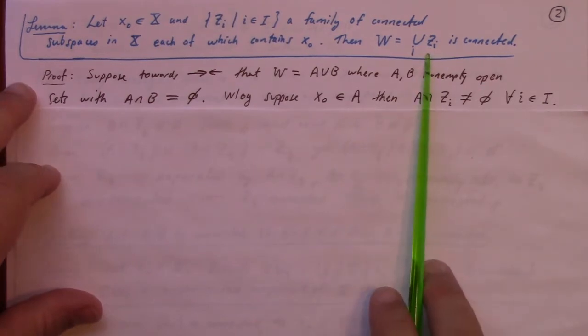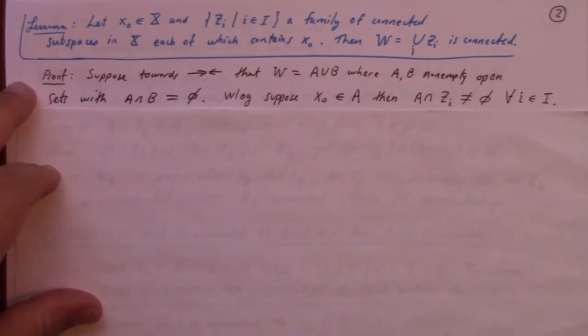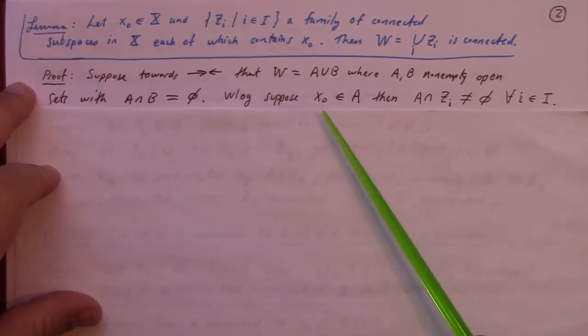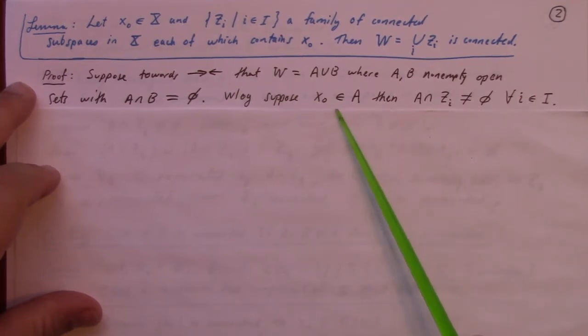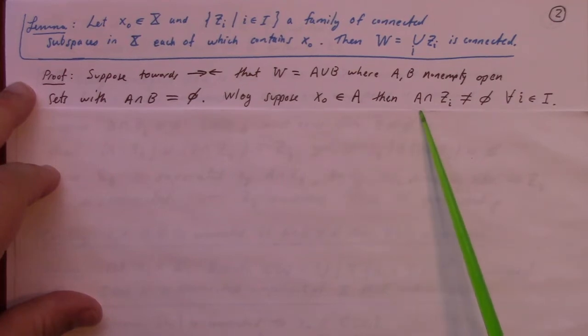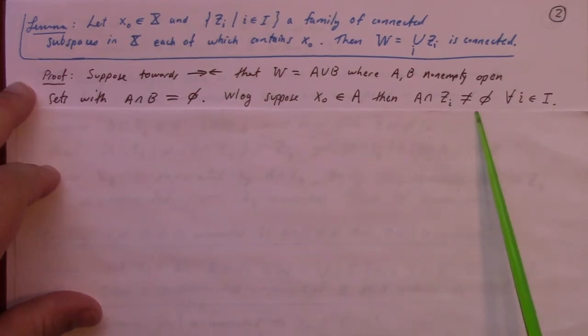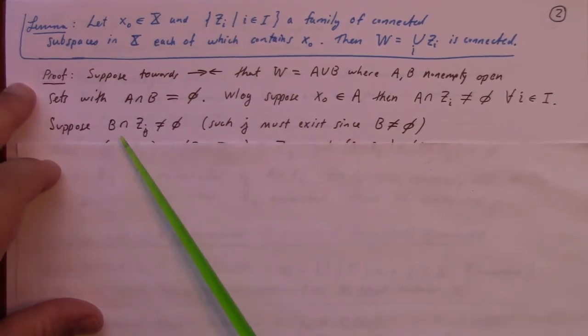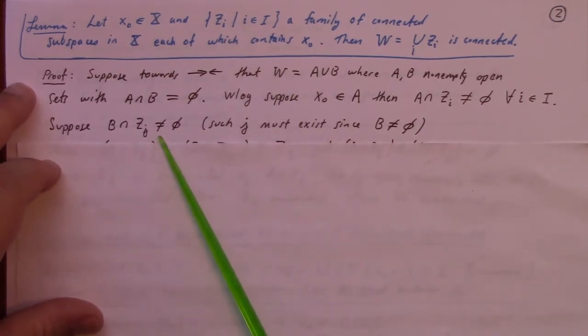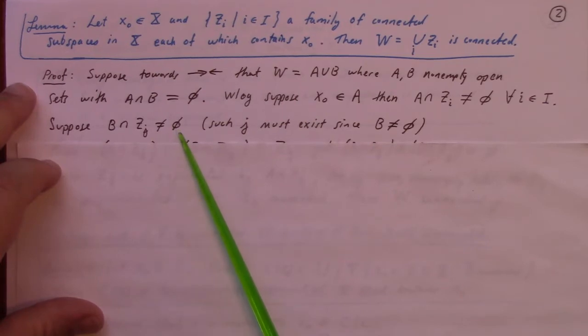So x naught is in A, and then we know that A intersect Zi is non-empty for all i in the index set. And consider B intersect Zj.